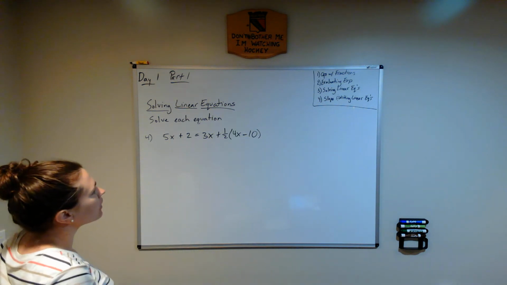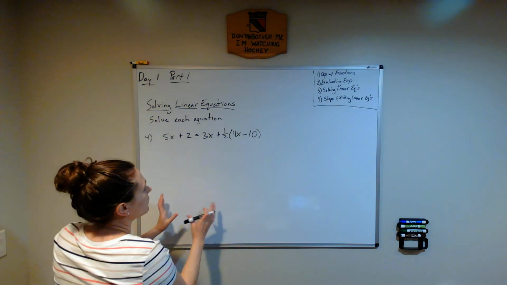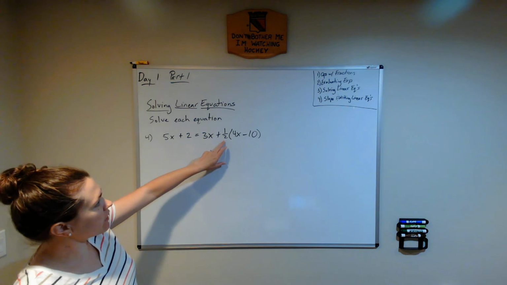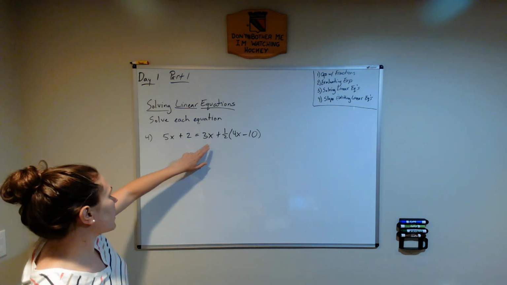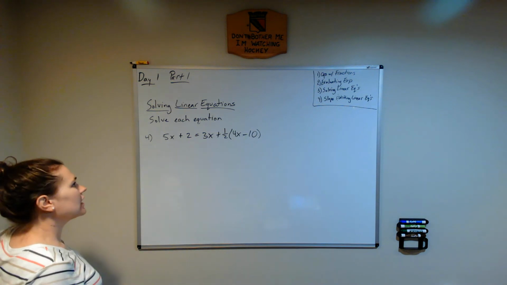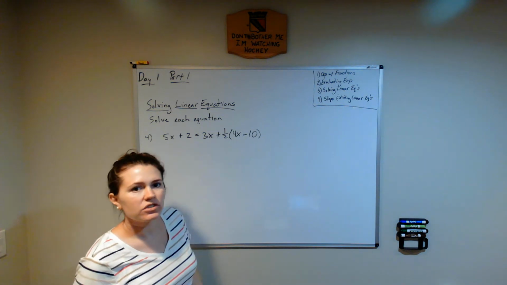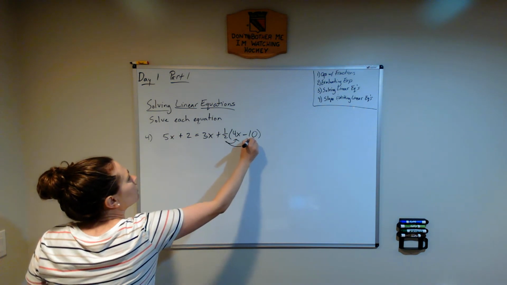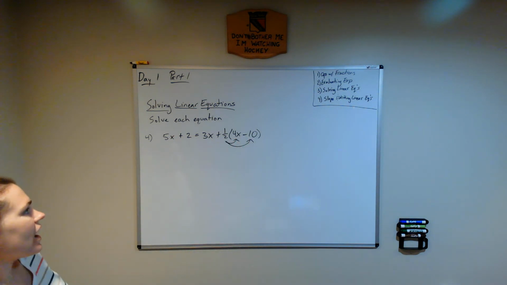So we want to get to the point where we have x isolated. What we need to work on is distributing on the right-hand side, combining like terms on the right-hand side, and then getting x on just one side of the equation. So the first thing I do here is distribute the 1/2.